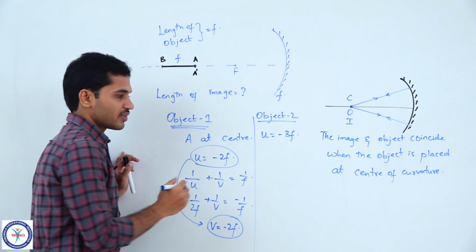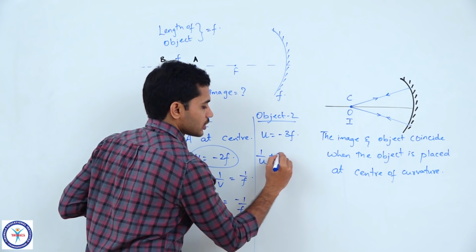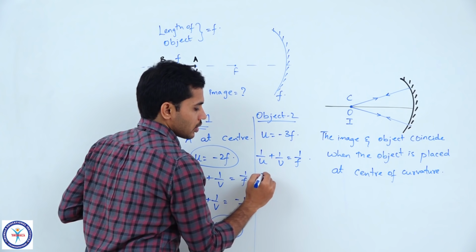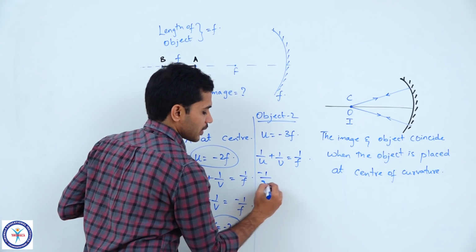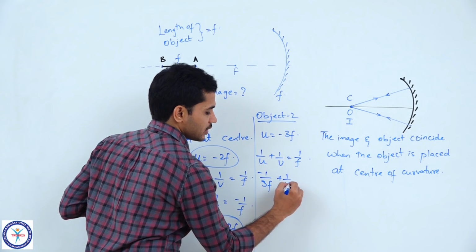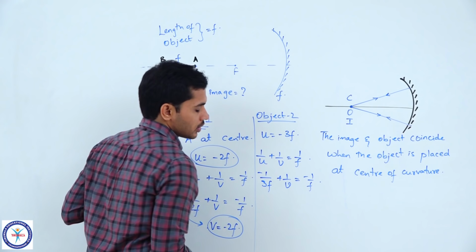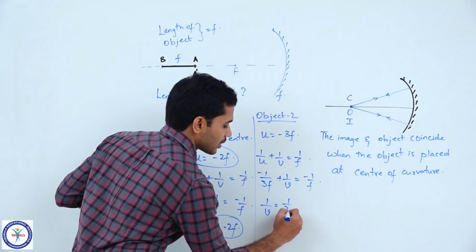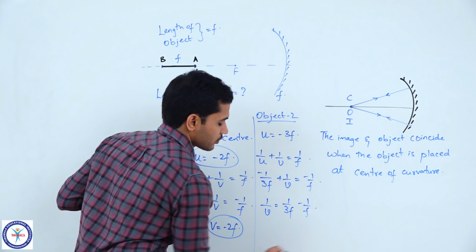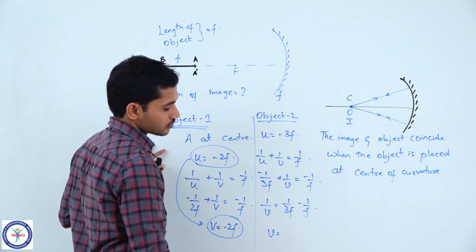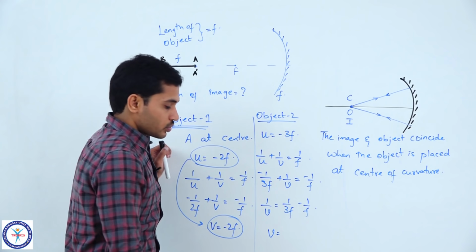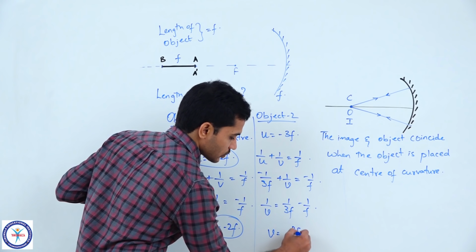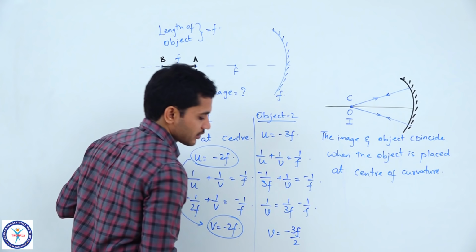So, when I substitute the values, I get 1 by u plus 1 by v is equal to 1 by f. Substituting 1 by minus 3f, which is minus 1 by 3f, plus 1 by v is equal to minus 1 by f. Simplify that, you get 1 by v is equal to 1 by 3f minus 1 by f, and solving this is going to give you the final value as 3f by 2 with a negative sign.